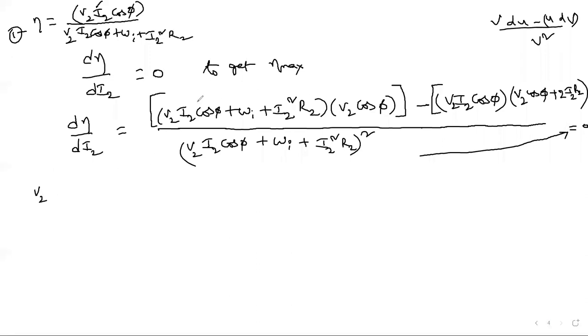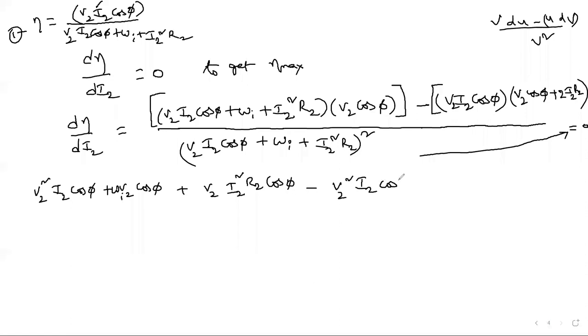Multiply these two terms. So V2 square I2 cos phi plus V2 cos phi Wi plus V2 I2 square R2 cos phi minus, multiply the second components, V2 square I2 cos square phi.